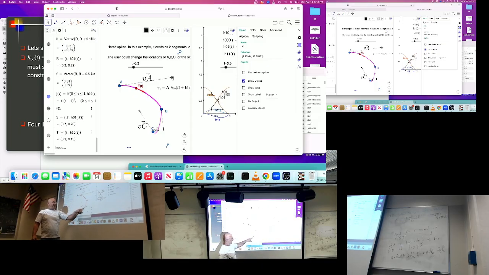Now I remind you how I'm building a spline out of these curves. In this spline, there are only 2 segments, but I can add more segments, as many as I want. And I'd like to keep each segment simple in the sense that the polynomial that I'll use will be of degree 3 at most.